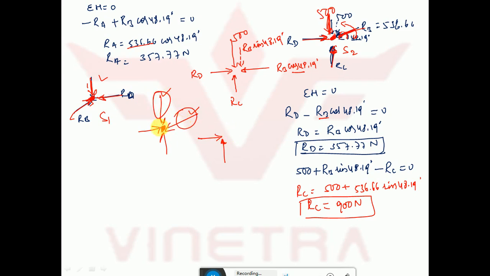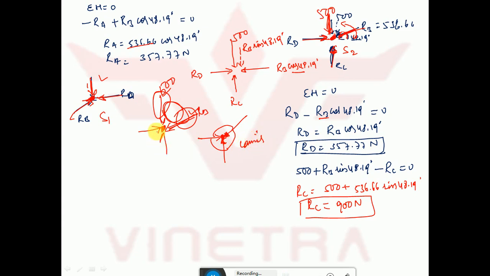The resultant may come like this, I don't know. Since I know the value of RB and I know this value is 500, I can easily find out the resultant of these two forces and draw it here. I will make them three forces, then find out the angle between these three forces and then go for Lami's theorem.